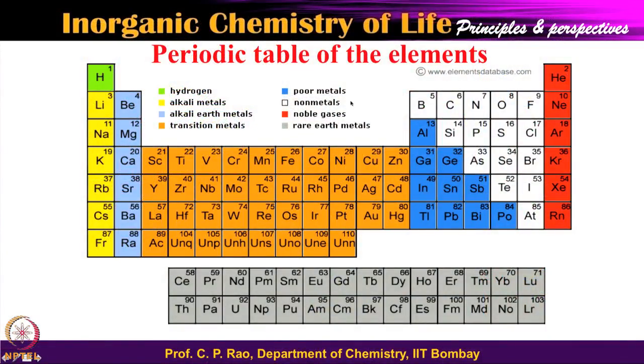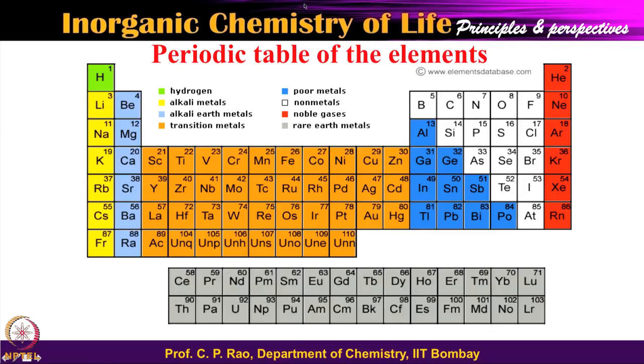Now, the question is that for a chemist, the chemist's tool is the periodic table, and everyone knows the periodic table of elements, which is introduced as early as 9th, 10th standard in high school. You have a large number of boxes here on the left side, in the center, the right side, and the bottom, and you have elements spread over all this.